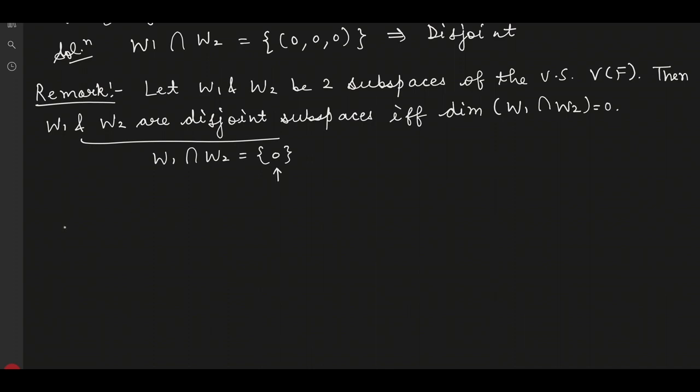Now next is vector space as a direct sum of subspaces.